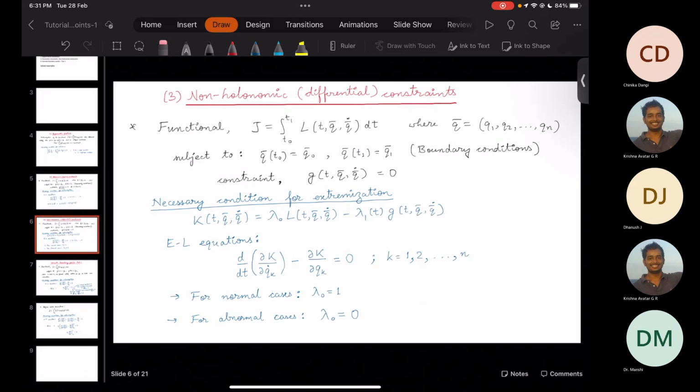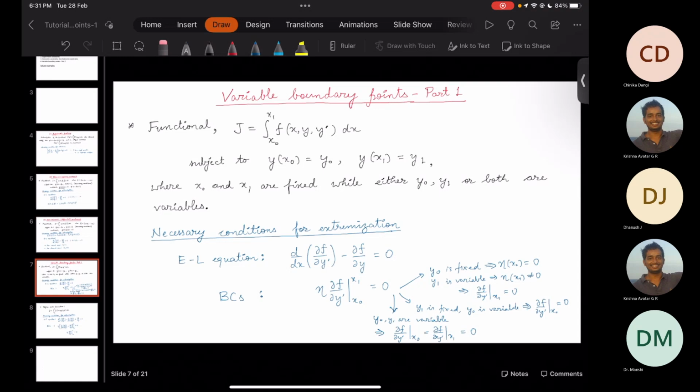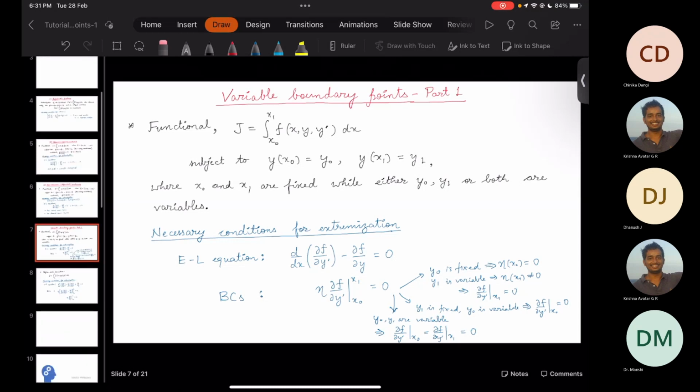Then we discussed the theory for variable boundary points, where the domain remains fixed but the values of the dependent variable at the ends may or may not be fixed.